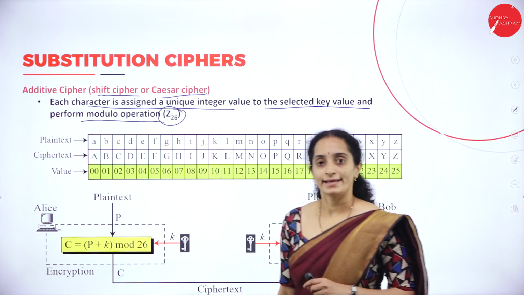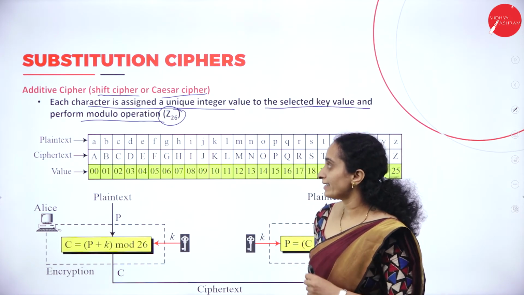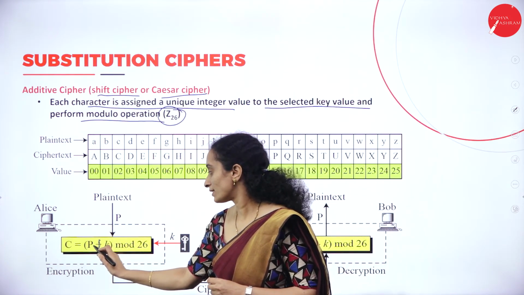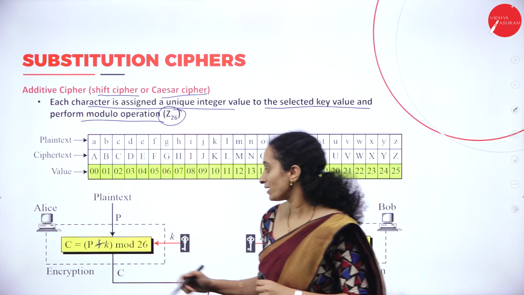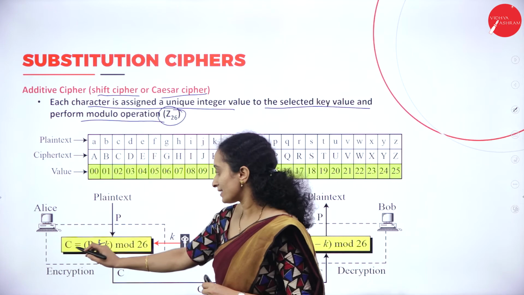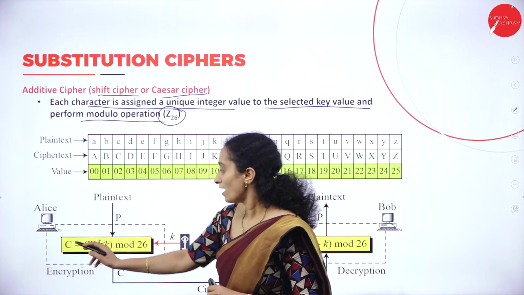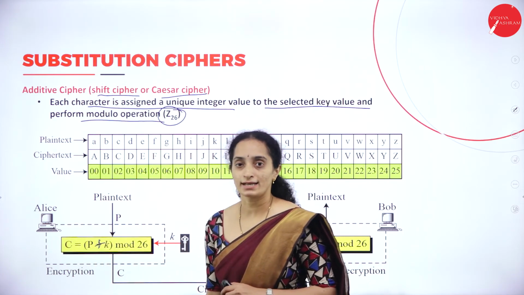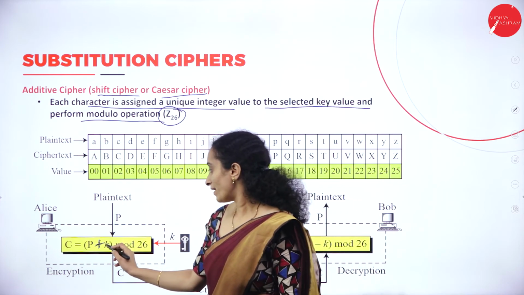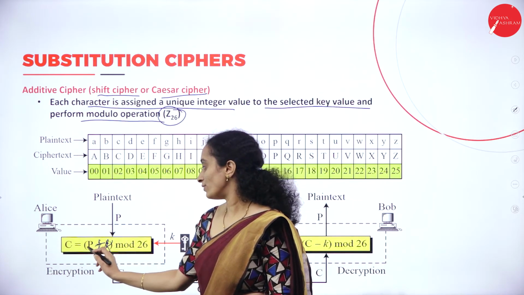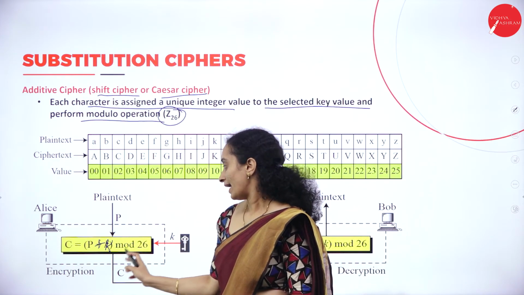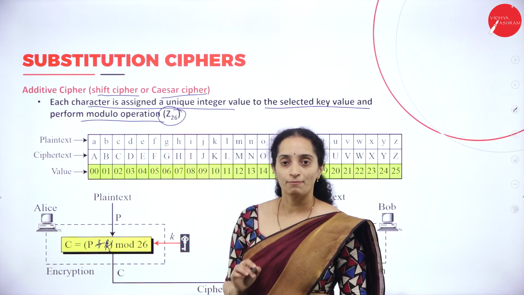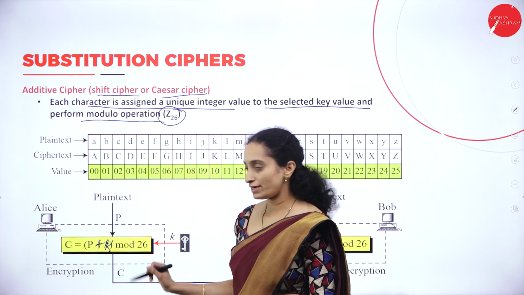The general expression in an additive cipher uses the plus symbol, that is the addition symbol. P is the plain text and C is the cipher text. You generate the cipher text by adding a key value to the plain text and taking the modulo by 26.